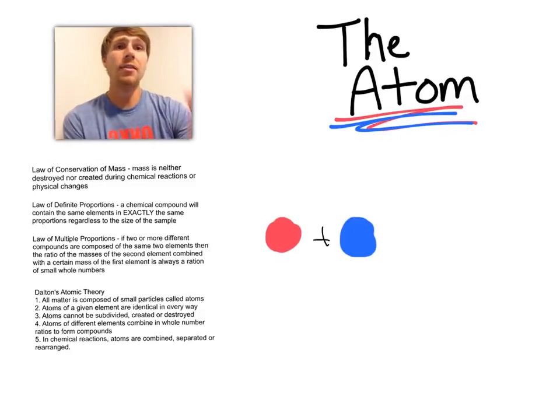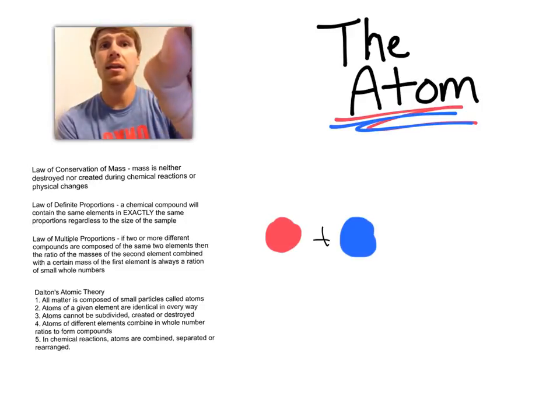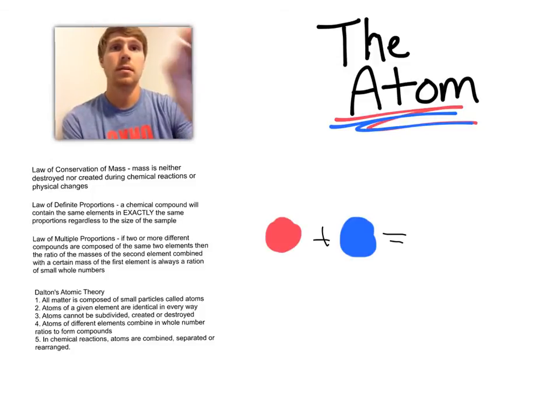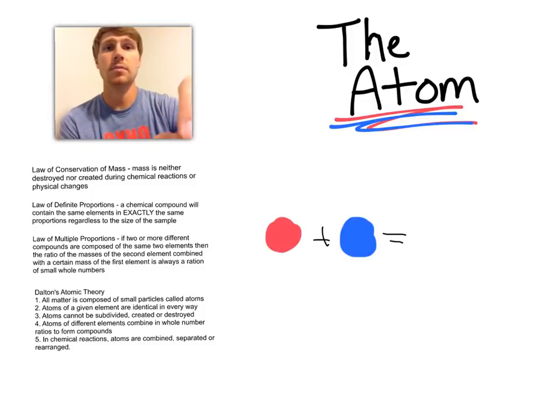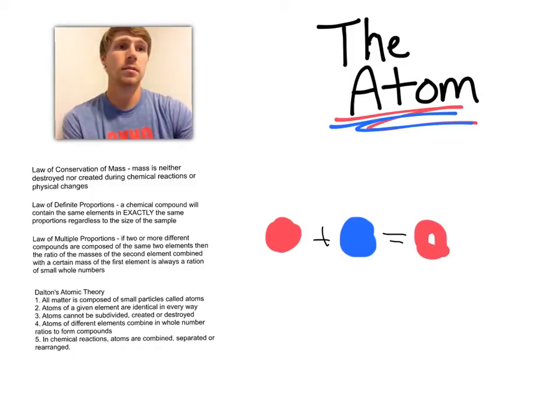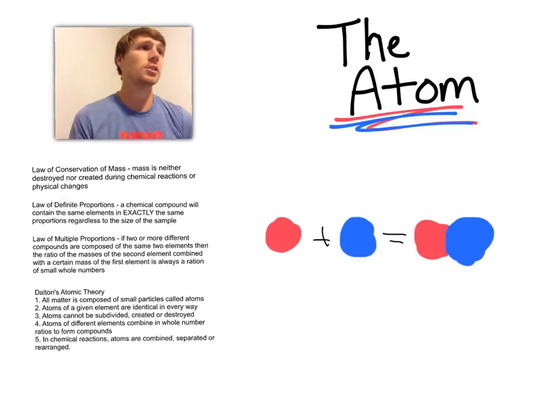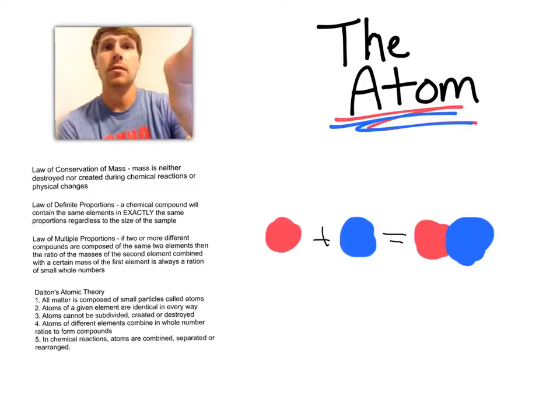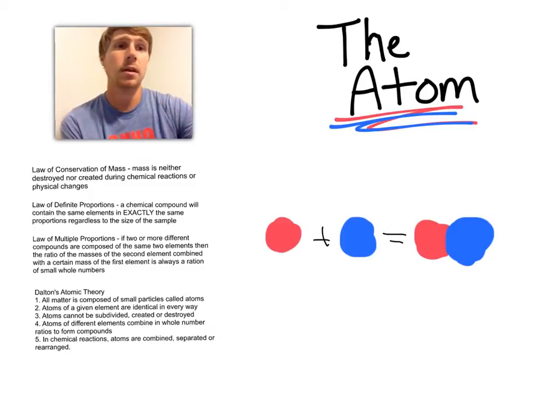Well, if we add those together, in the end, what it's going to look like is that we got our carbon and we got our oxygen, and they're kind of smashed together.